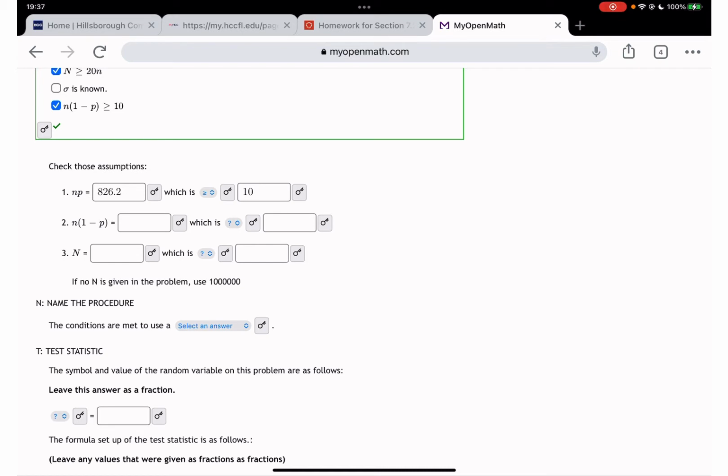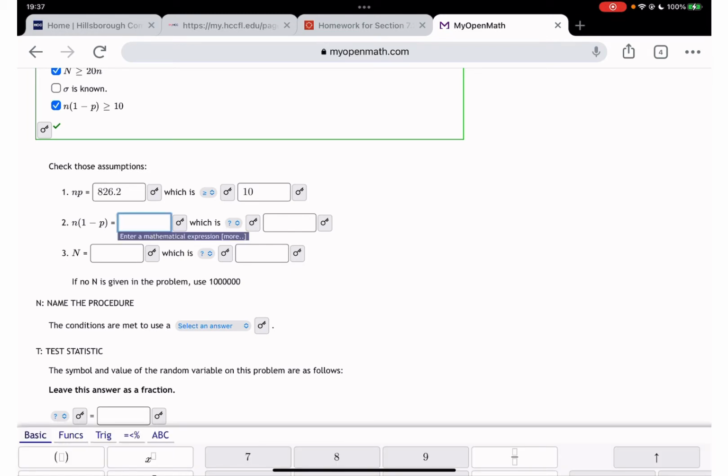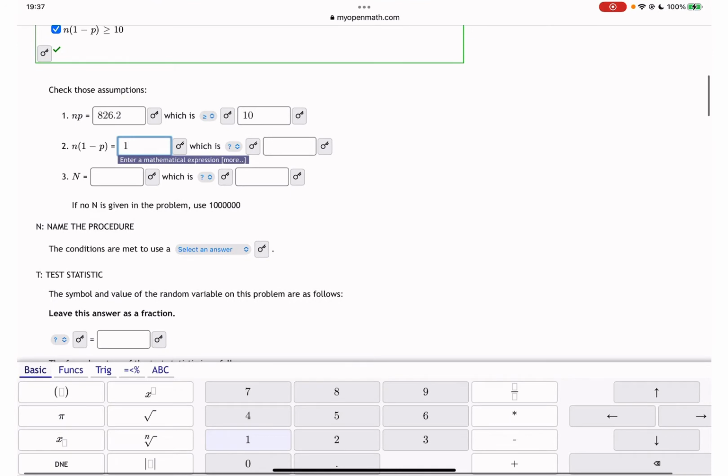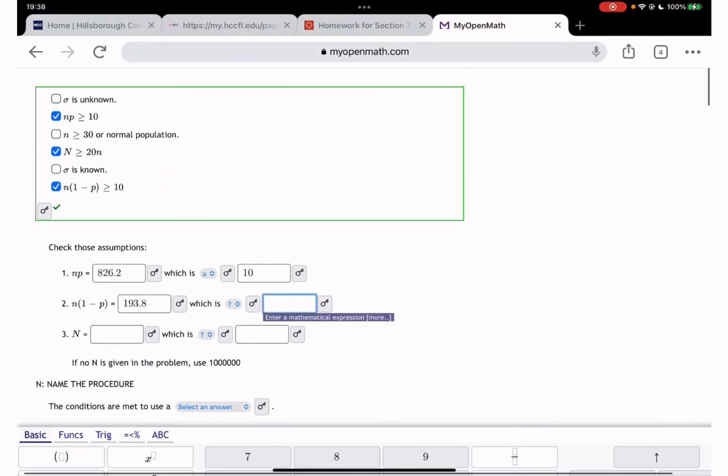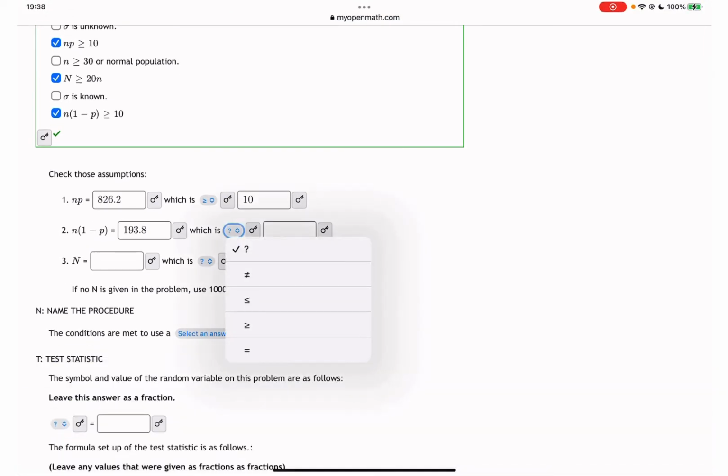P is 0.81, so 1 minus 0.81 is 0.19. Multiplying by n, which is 1020, we get 193.8, which is also greater than or equal to 10.